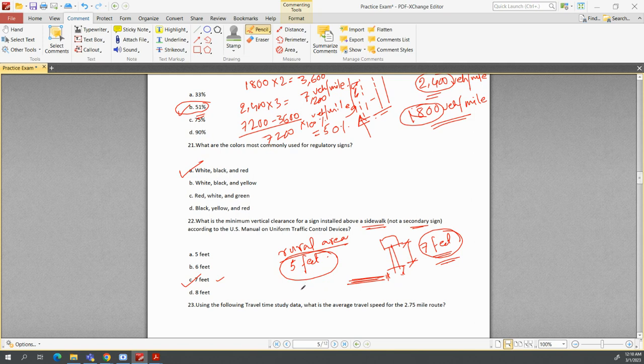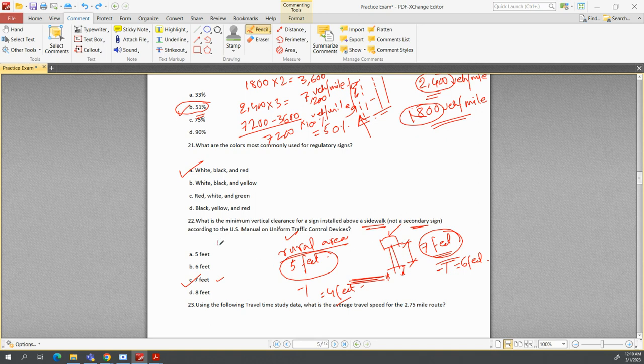It will be 7 minus 1, so 6 feet, and this time 5 minus 1, so 4 feet of vertical clearance if we put a secondary sign. So these 4 points you need to remember: urban, rural, urban plus secondary sign, and rural plus secondary sign.